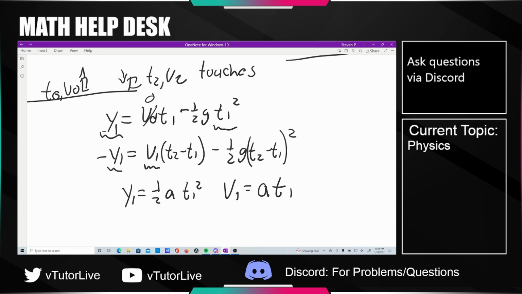Okay. I think that's it. Because once you plug in for y1 and for v1, at this point your only unknown is acceleration. Oh, I'm sorry. We do know what t1 is, right? We do know what t1 is.